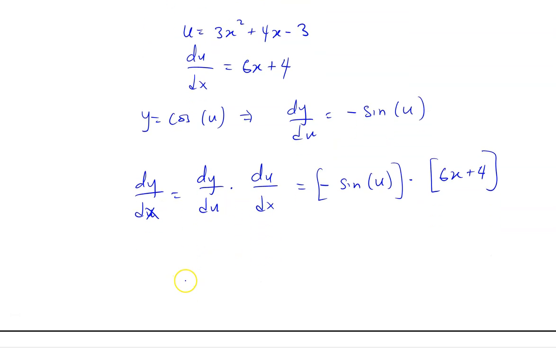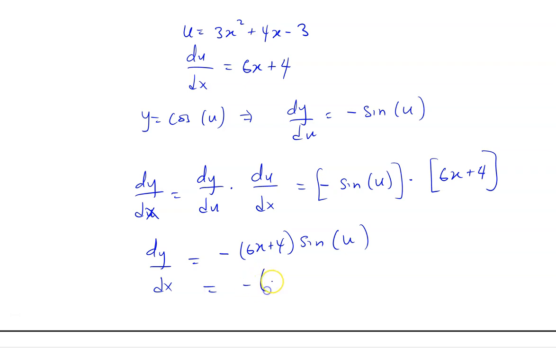So in that case, dy on dx will be given as negative 6x plus 4 multiplied by what? Sine of u, right? So what do we have now?